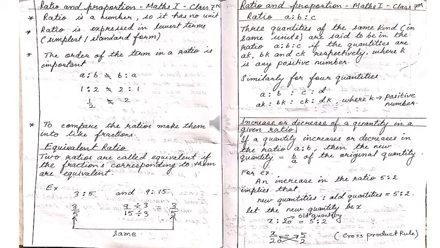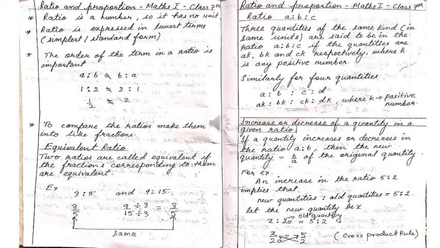The order of the terms in a ratio is important. With the example on your screen, it will be clear. Now A is having 1 and B is carrying 2. So A is to B, we can write as 1 upon 2.